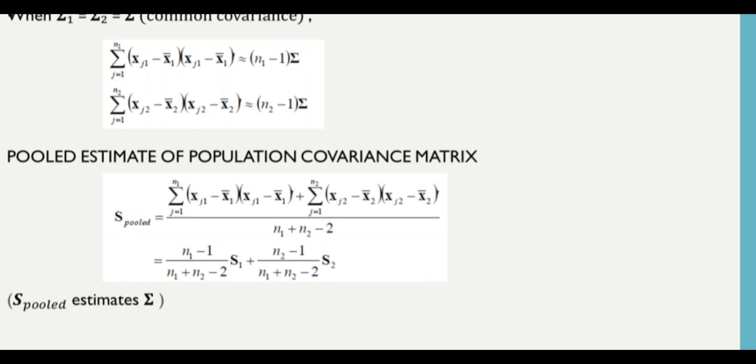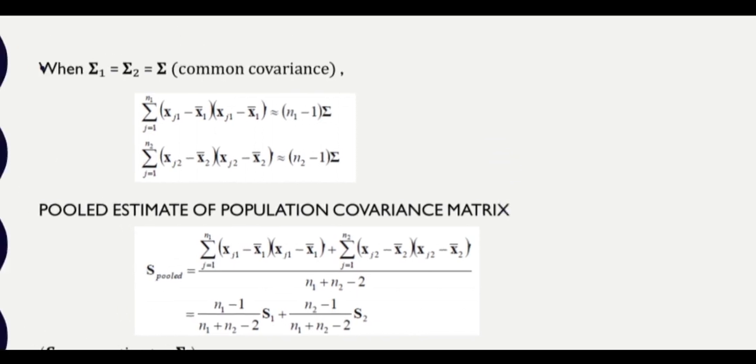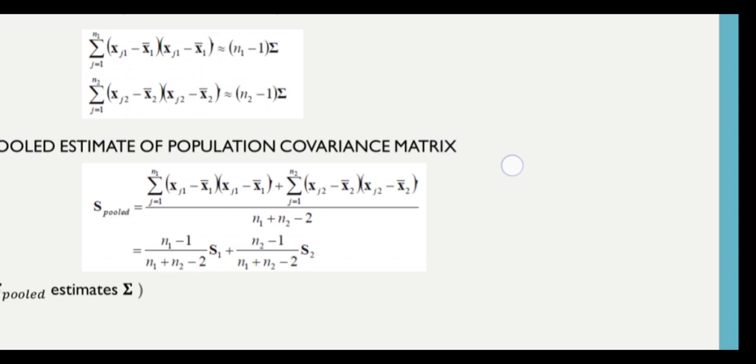Okay, alright. Earlier, to estimate mu 1 and mu 2, we used x1 bar and x2 bar. To estimate the big sigma, we use S pool, because we consider that big sigma 1 and big sigma 2 are equal to big sigma.